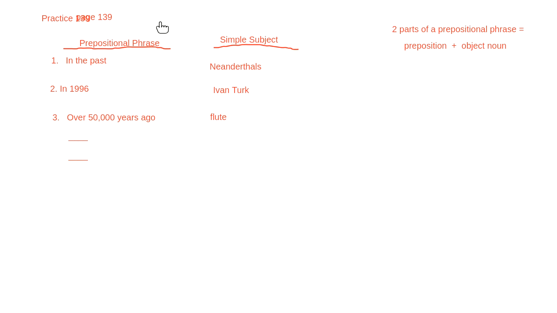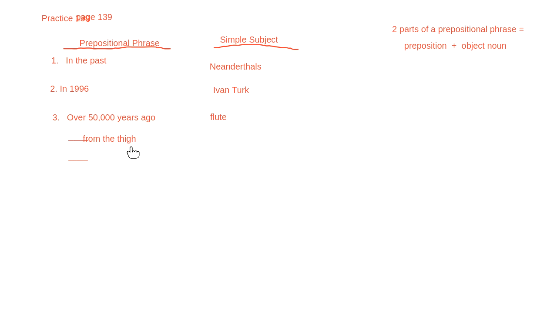Yes, another is from the thigh of a cave bear. This is another one. Okay, so we have from the thigh, and thigh is that top part of the leg. So thigh is the object noun. So that is one prepositional phrase right there.